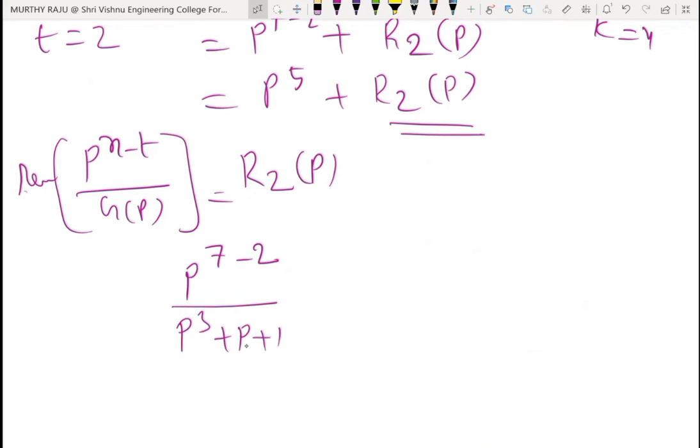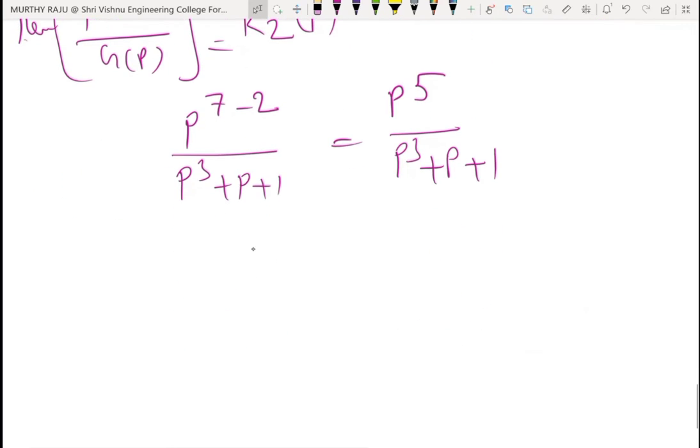So P power 5 divided by P cube plus P plus 1. Perform the division. Here P power 5 is the dividend and P cube plus P plus 1 is the divisor.